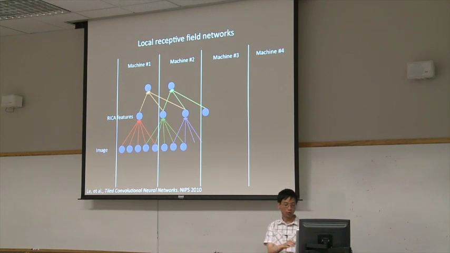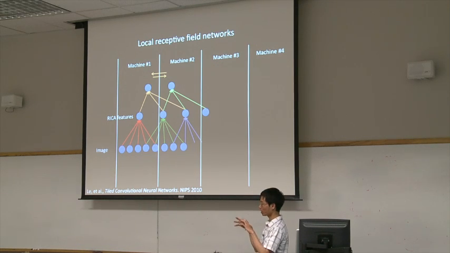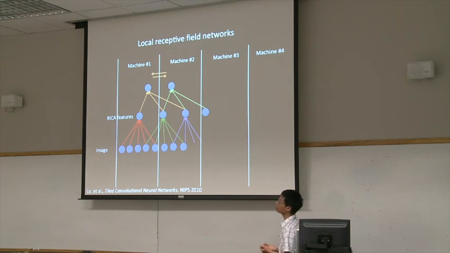Of course, there will be a little bit of communication across the machines, but we can design the batch size and so on so that the communication is very small compared to the computation of the features. This is one of the first steps that seemed to be very successful in parallelizing this network.